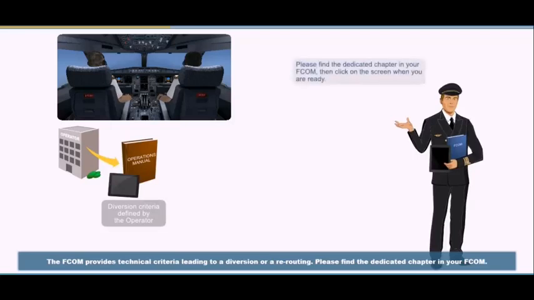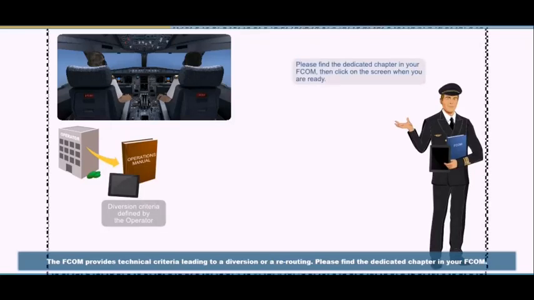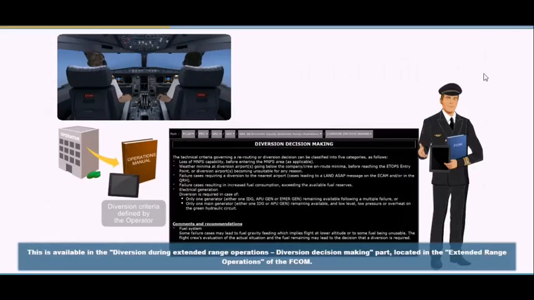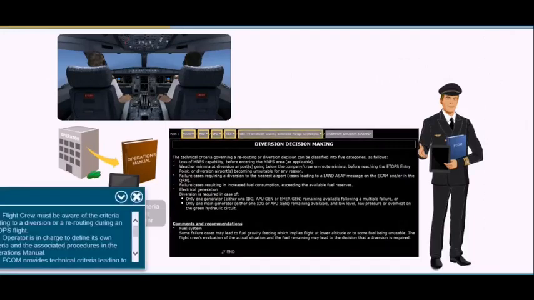Please find a dedicated chapter in your FCOM. This is available in the chapter Procedures, Special Operations, Extended Range Operations, in the Diversion during Extended Range Operations, Diversion Decision-Making part.